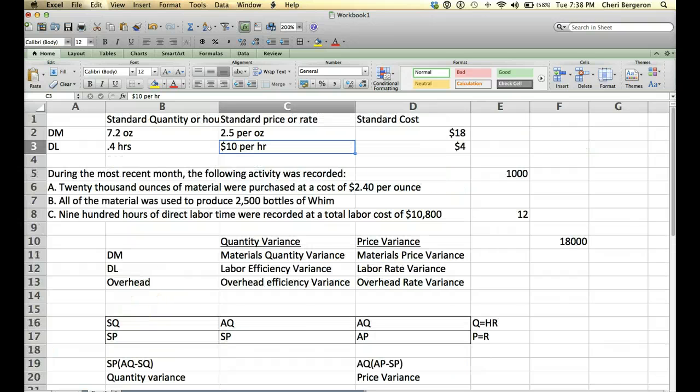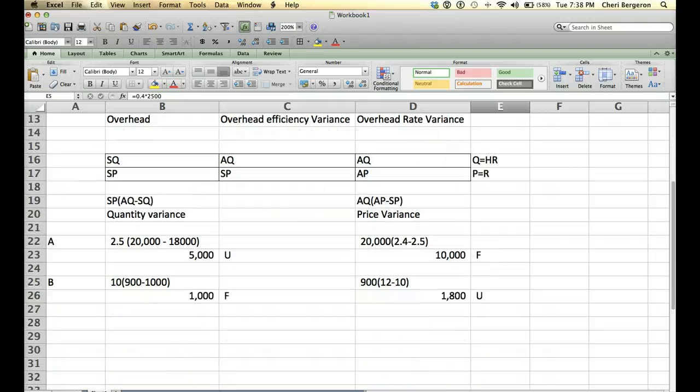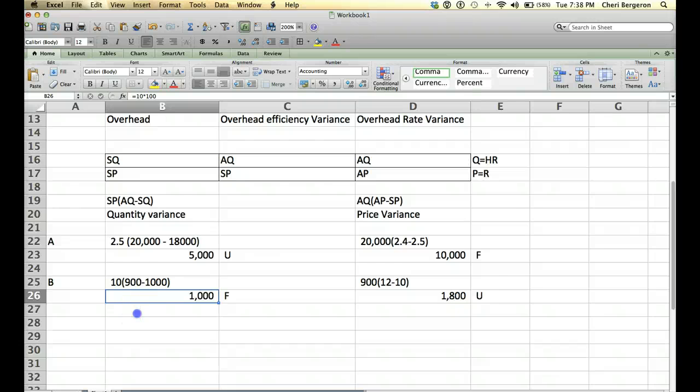We get that because 0.4, our standard quantity, times the actual bottles produced, 0.4 times 2,500, is going to be 1,000. So 900 minus 1,000 gives you 100. 100 times 10 gives you 1,000. It's favorable because our actual was 900, our standard was 1,000, so we actually used less direct labor hours than what we anticipated, so therefore it's favorable.